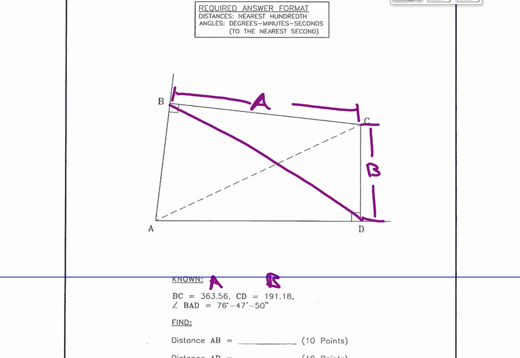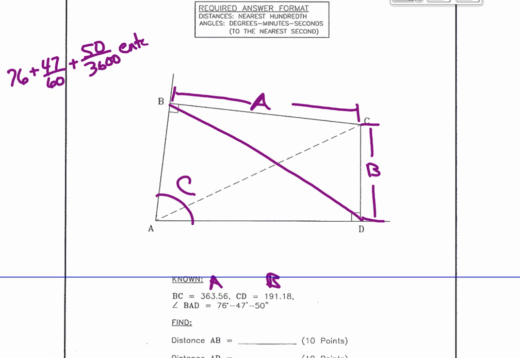And then the measure of angle BAD, I'm going to call that angle C. And so to get that one, I'm going to go 76 plus 47 over 60 plus 50 over 3600.